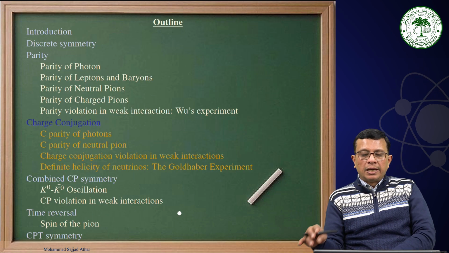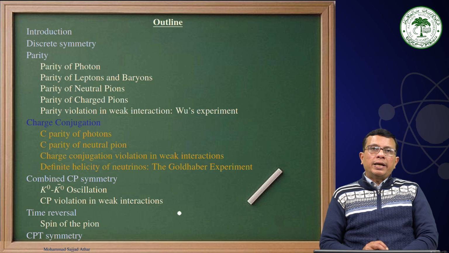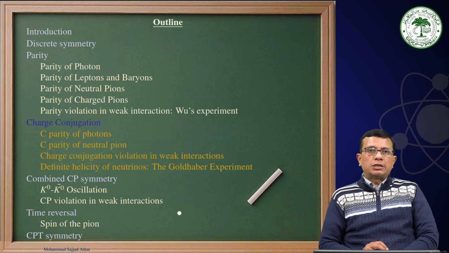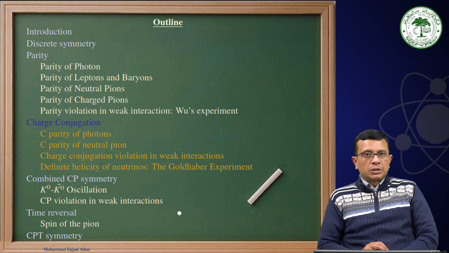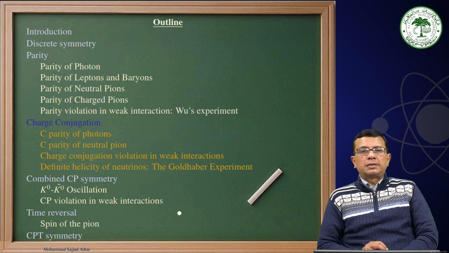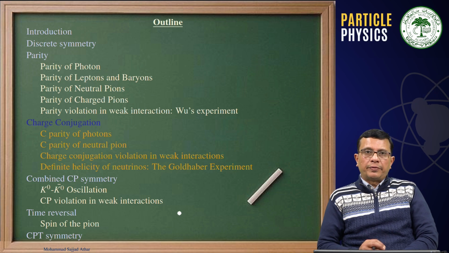the pion decay, and then we come to another very important and interesting topic that I will introduce in the next lecture, and that will be the charge conjugation operation, as this is also a discrete symmetry.